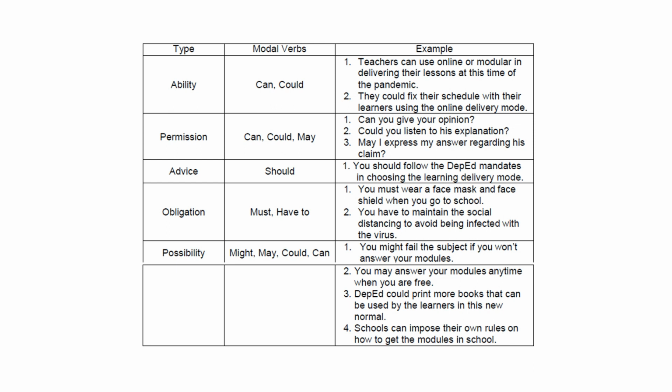If the type is an obligation, the modal verbs will be must and have to. As you could see in the examples of the sentences na gumagamit ng mga salitang ito. Also, possibility. So we have the words might, may, could, and can.